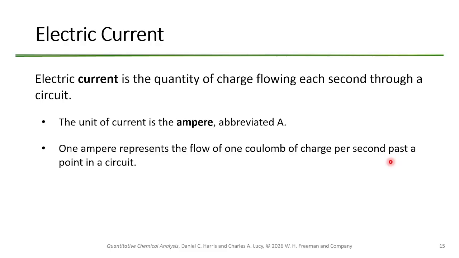Electricity, when it's being used, comes in 2 forms: DC and AC. DC is direct current, AC is alternating current. Direct current electricity actually looks like this. If you were to use a power generator, you would get something that looks like this.